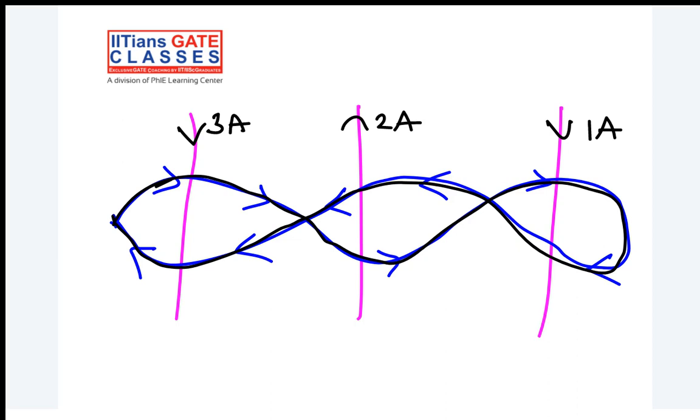In this particular loop that I have shown here, when you are moving in this loop, what will be the net total current? I want to find the answer.